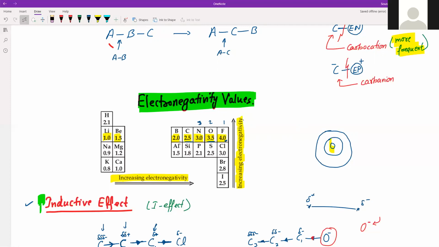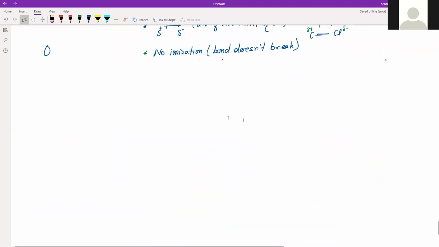What you see on the right, that is nitrogen, oxygen, fluorine, and in fact all those below fluorine, the halogen family, are electronegative as compared to carbon. The ones on the left, lithium, beryllium, boron, sodium, magnesium, basically the metals, are electropositive as compared to carbon.